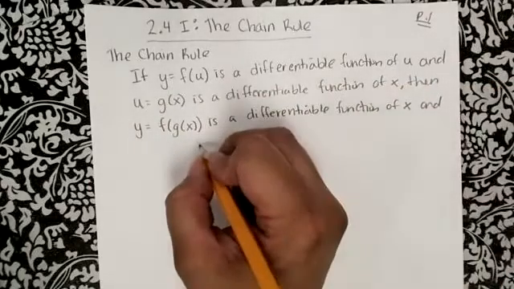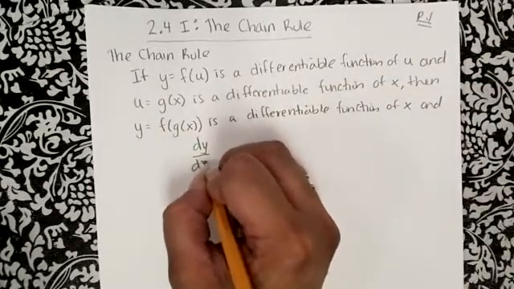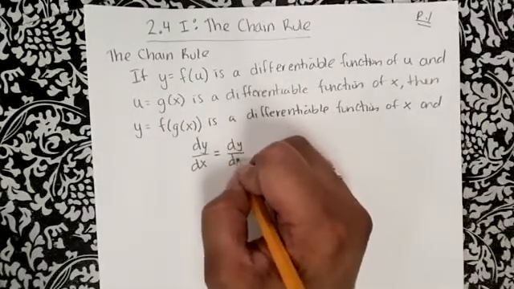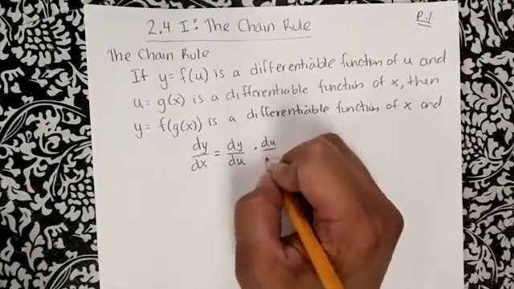And dy over dx is going to be equal to dy over du times du over dx.